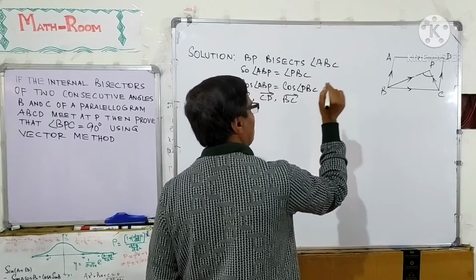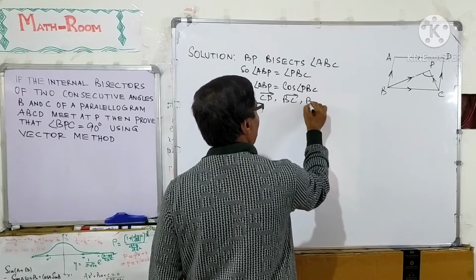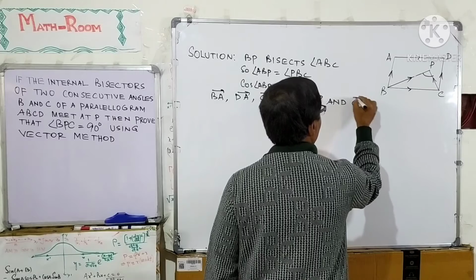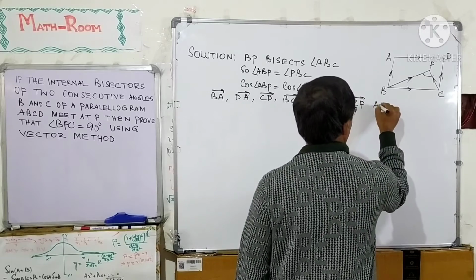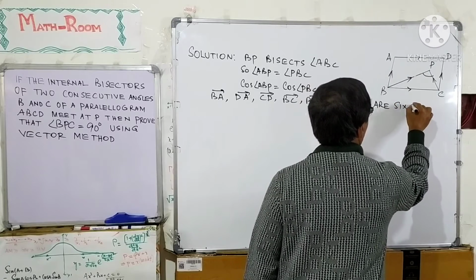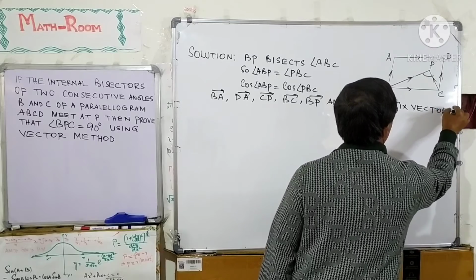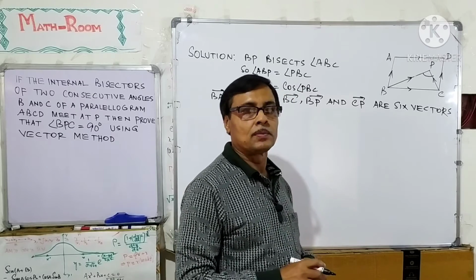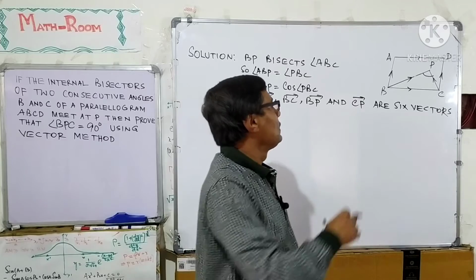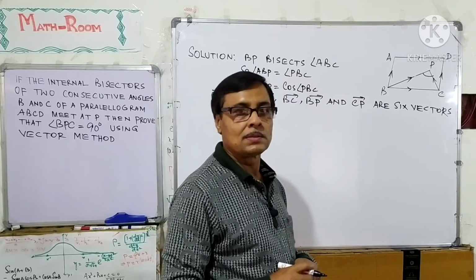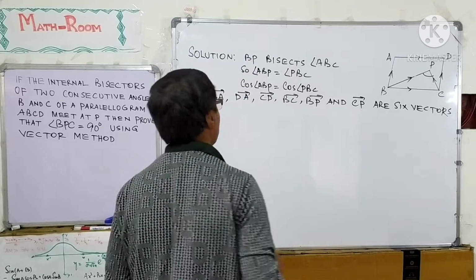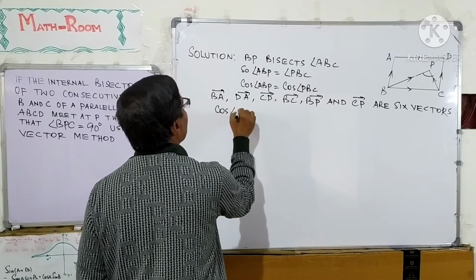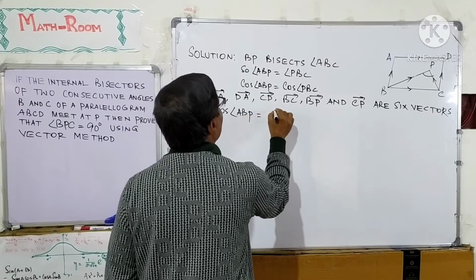The bisectors are 2 vectors, BP and CP. So we have considered the 4 sides of this parallelogram as 4 vectors, and the 2 bisectors BP and CP as 2 vectors. There are 6 vectors.